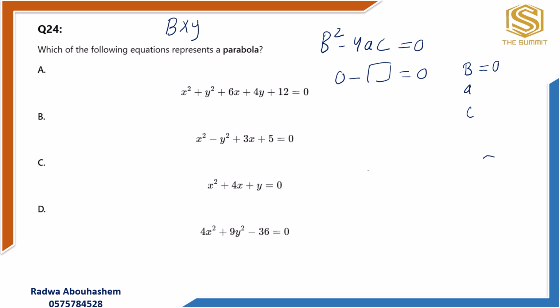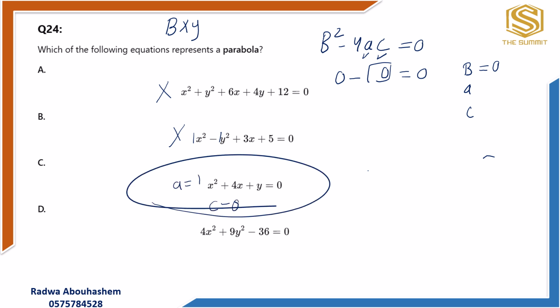So this means I have to multiply by 0 here to get 0. So maybe A is 0 or maybe C is 0. So I'm searching for something where A equals 0 or C equals 0. Not this one. Not this one also because this is 1 and 1. Here A is 1 and I don't have C. Yes, C is 0. So here's my answer.